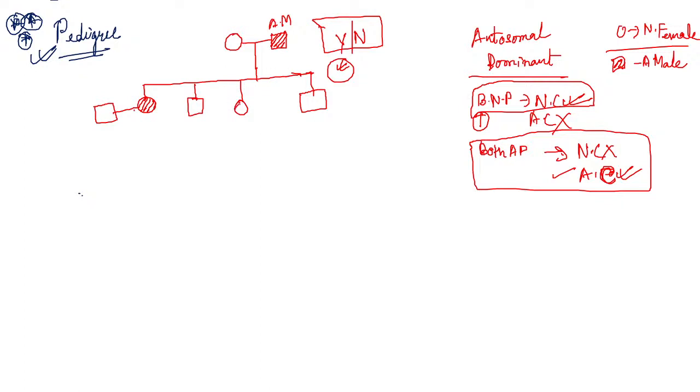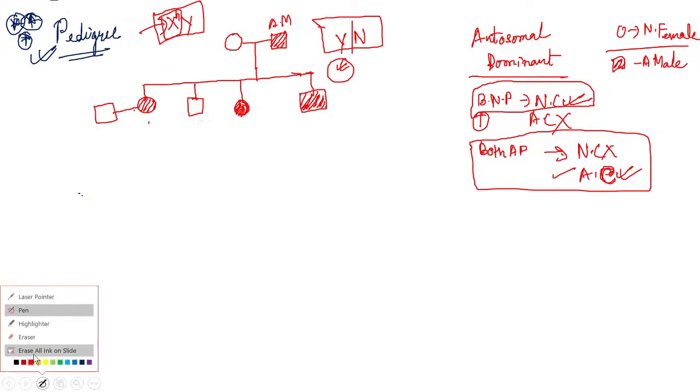Here one female is affected, one again female will be affected, and one male will be affected. The male is carrying X and Y chromosome and the male is affected. If the male is carrying, suppose, hemophilia, then the male is affected. So the male can transfer this X chromosome. There are 4 possible offspring: 2 daughters and 2 sons.